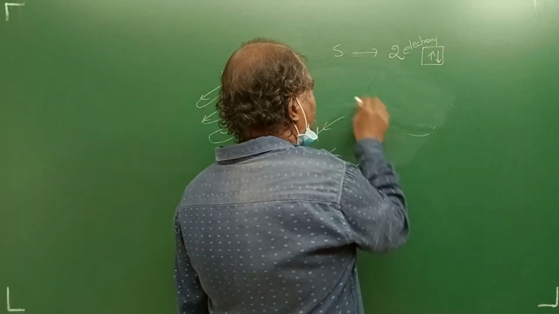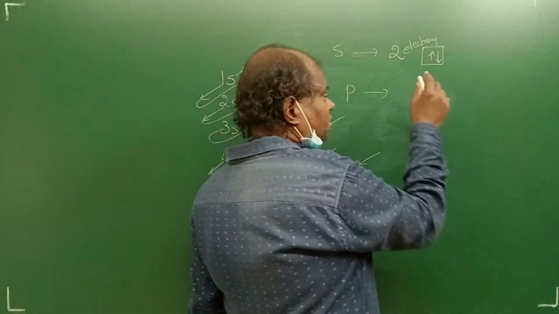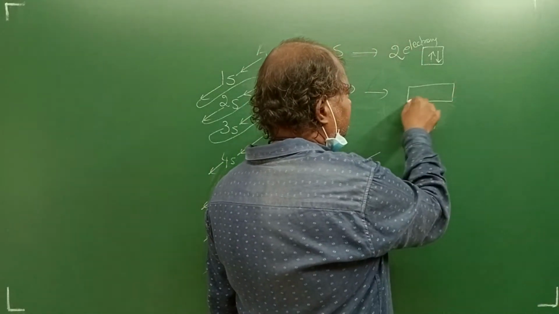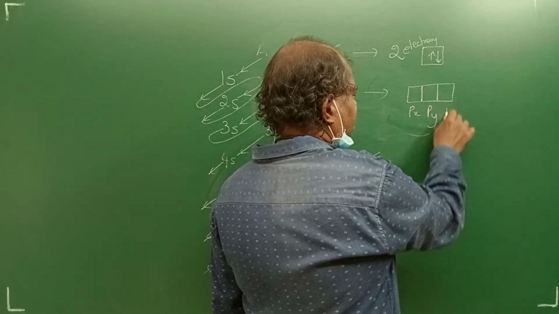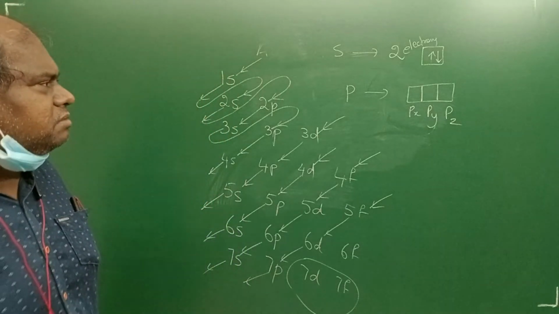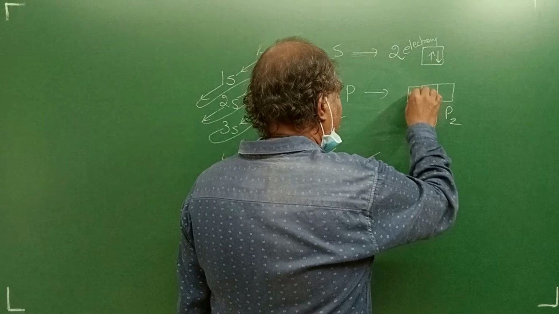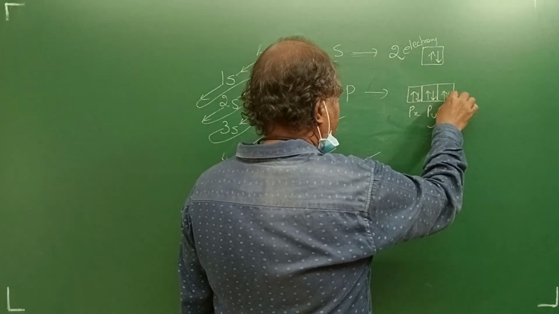Okay, so now coming to p orbital. Remember there are 3 orientations. What are the 3 orientations? Tell me. Px, Py, Pz. There are 3 orientations for p. So now in each box you can fill 2. Maximum, I am telling maximum, remember.